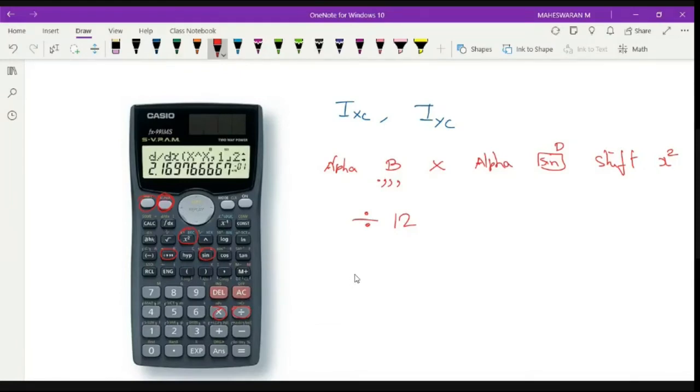So you will get a formula like this: B into D cube divided by 12. Your formula will be denoted like this. Are you getting something like this? Yes, sir.